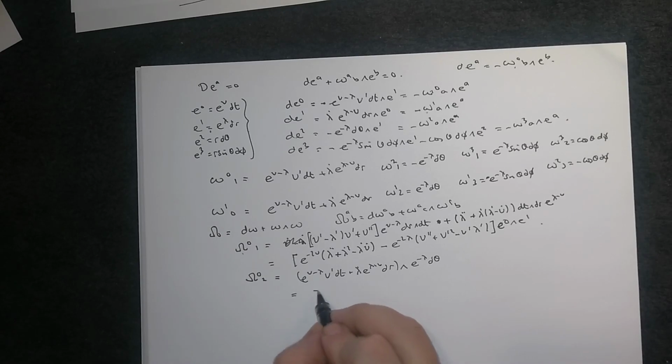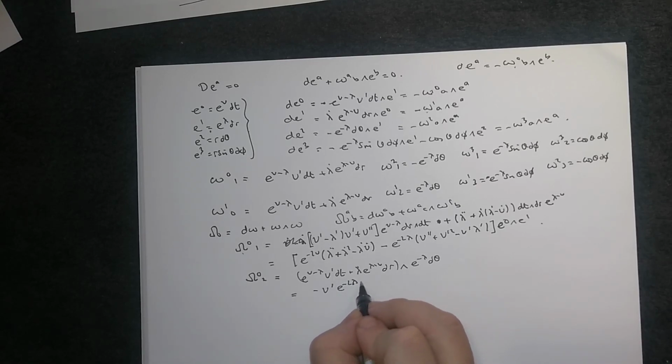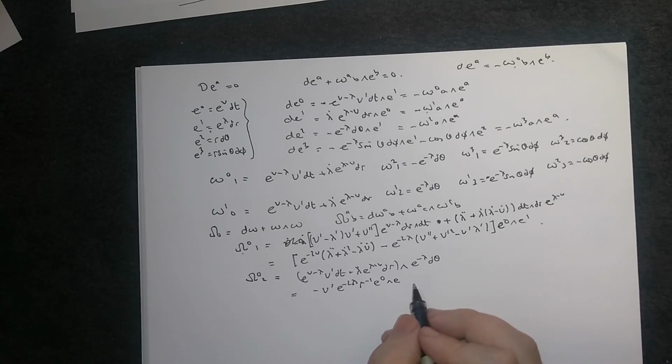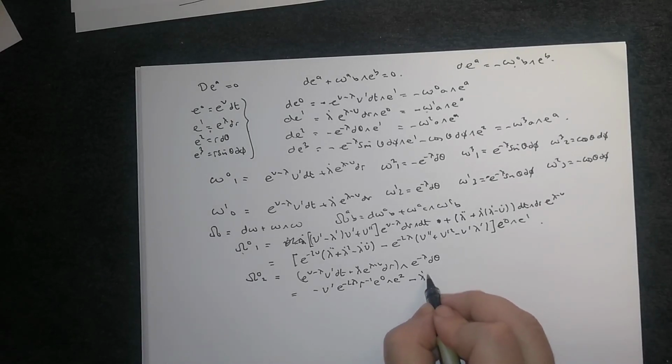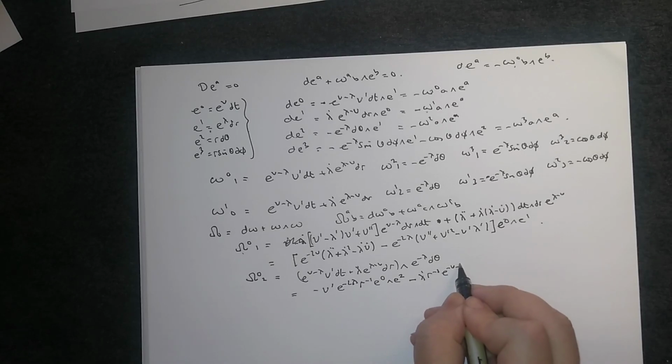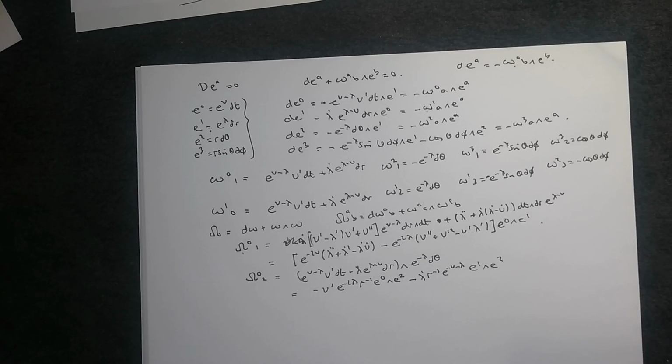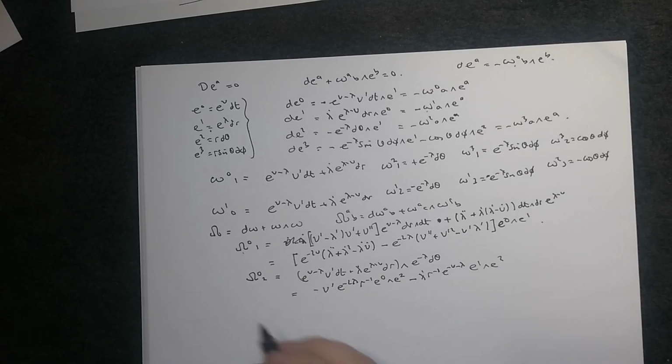We get minus nu primed e to the minus 2 lambda r to the minus 1 e0, wedge e2, minus lambda dot r to the minus 1 minus nu lambda e1, wedge e2. So not quite right here. That should be a plus, that should be a minus. That's better.